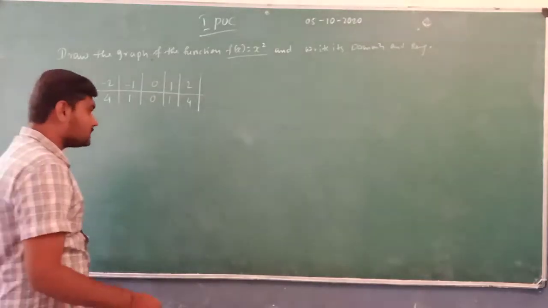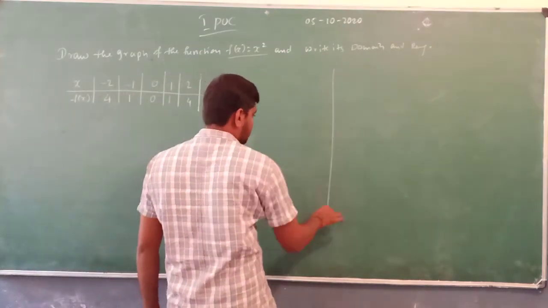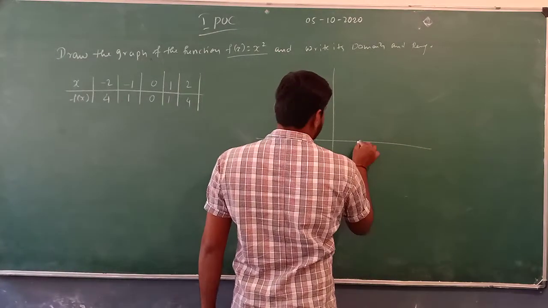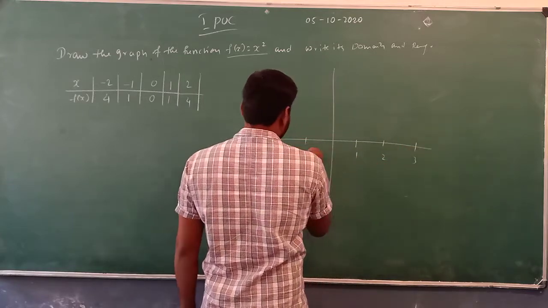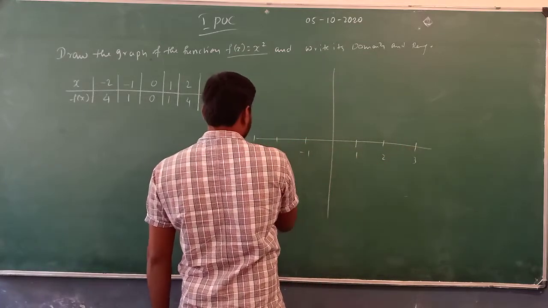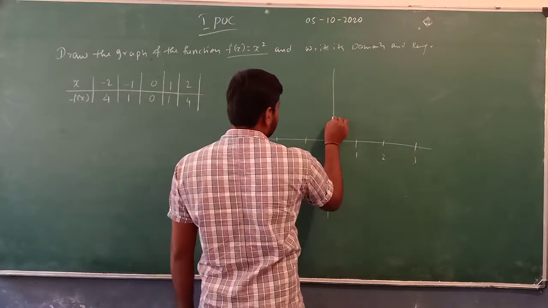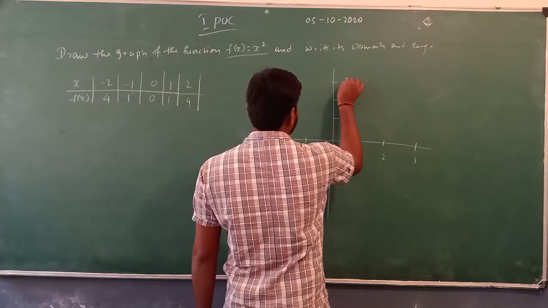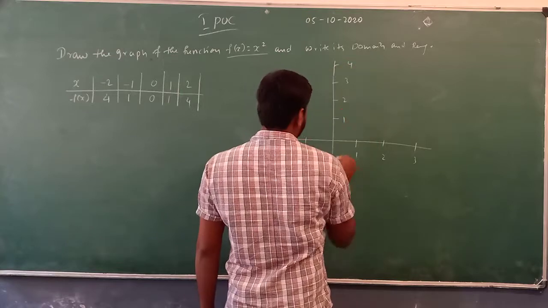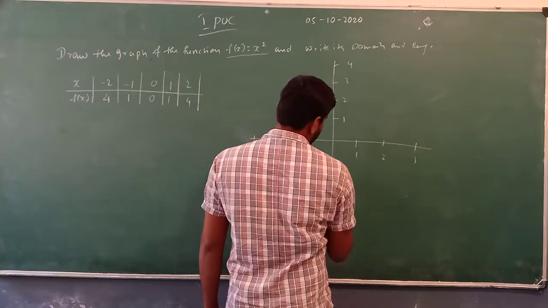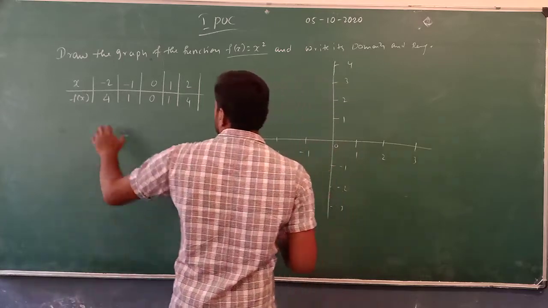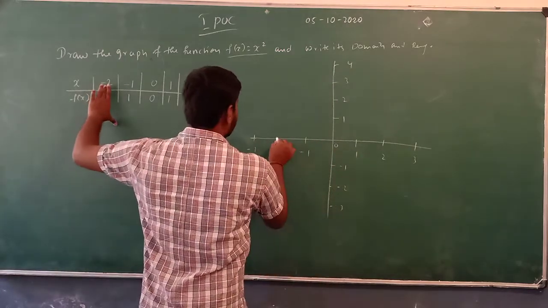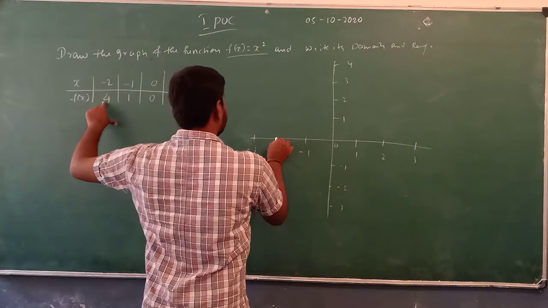Okay, so here is the graph. I am marking 1, 2, 3 and minus 1, minus 2, minus 3 on the axes, and this is the origin. Suppose x is equal to minus 2, then what is the value of y?